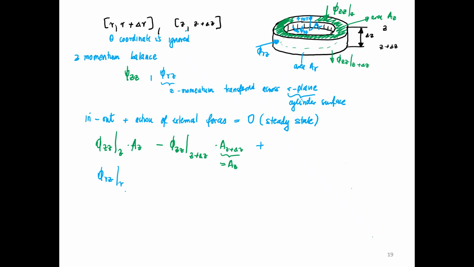I come in from the inner side, AR, and come out on the outer side, evaluated at R plus delta R. Note that the area at R plus delta R is larger than AR, which is the difference from the Cartesian coordinate system where everything has the same areas. So that's my balance of Z momentum across R.